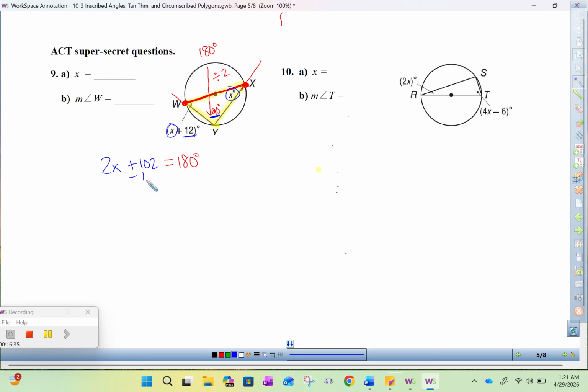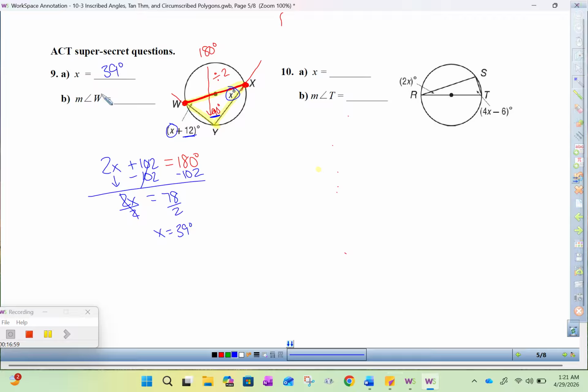We're going to subtract 102 from each side. This 2x comes down. Those cancel out, and 180 minus 102 is 78. Divide by 2 on each side. Those cancel out. We're left with x. 78 divided by 2 is 39. So x is 39 degrees.